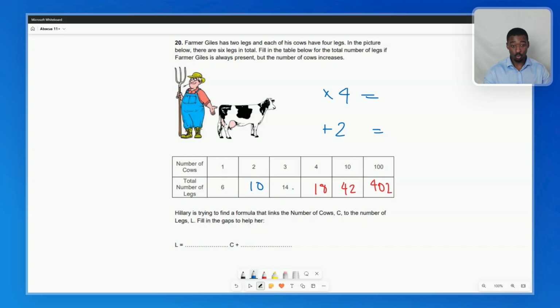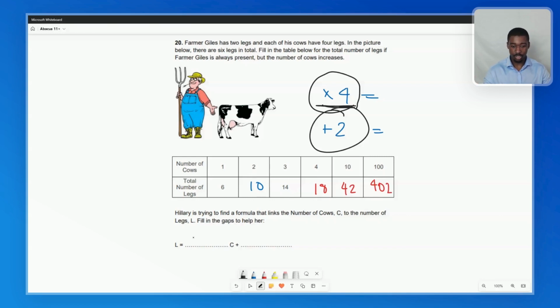No matter what, we will always be multiplying by 4 because a cow has 4 legs. And then we will always be adding on 2 for Farmer Giles, who has 2 legs. So even if it was 1,000 cows, it will be 1,000 times 4, or 1,000 times the number of legs which the cows have, which is 4, added on to 2 for Farmer Giles.